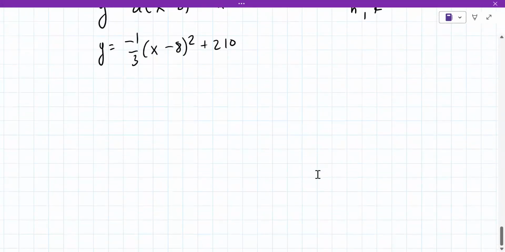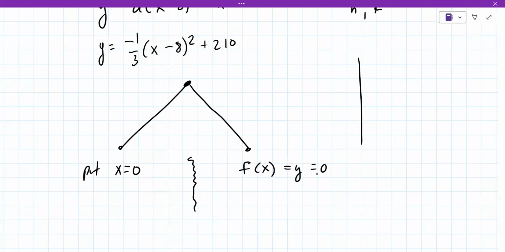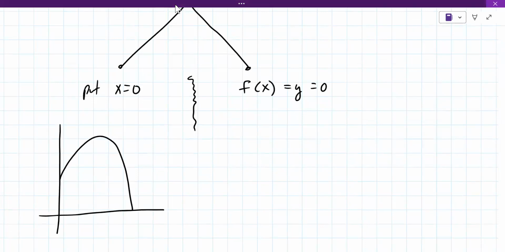Now, from here, there's really two problems they're going to ask you. It's either put 0 in for x, or set f of x, which is really y, equal to 0. There's two distinct things you can do. Let me show them graphically, because that will also help. When you're putting 0 in for x, you're getting this place right there where you'd start.